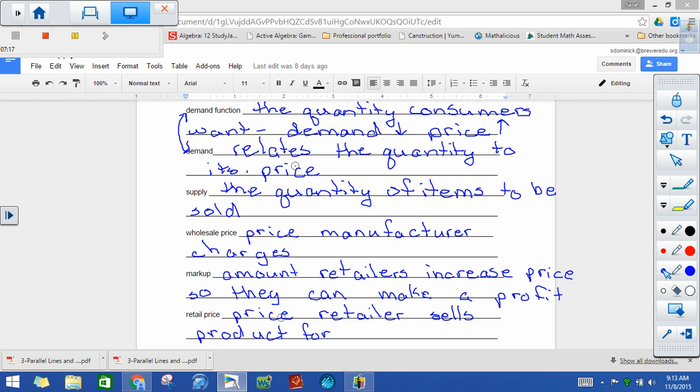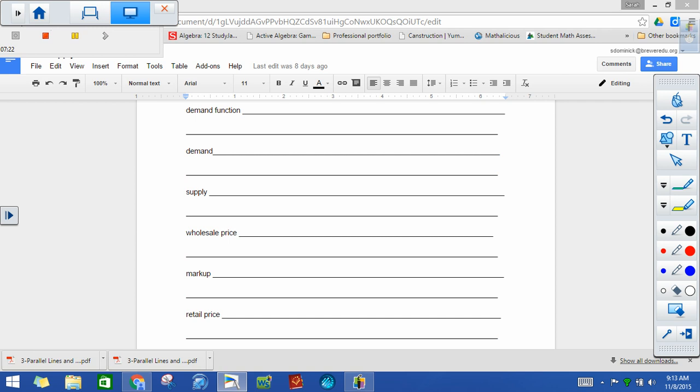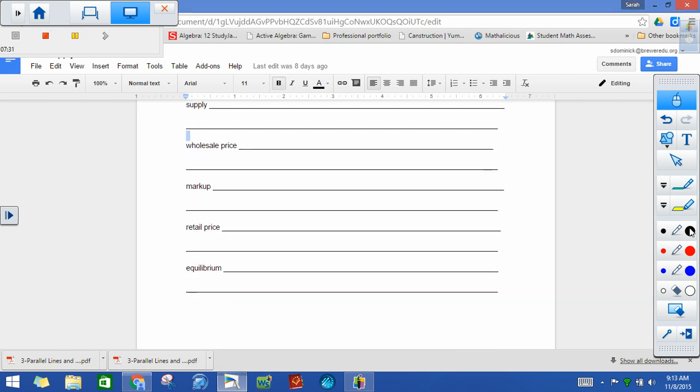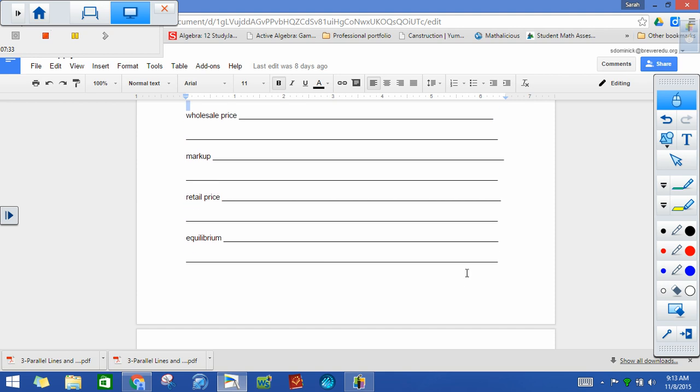Okay, so we have one more, and it's equilibrium. To me, equilibrium sounds a lot like equal, right? Someone in class mentioned talking about it in science class. That would make sense as well.